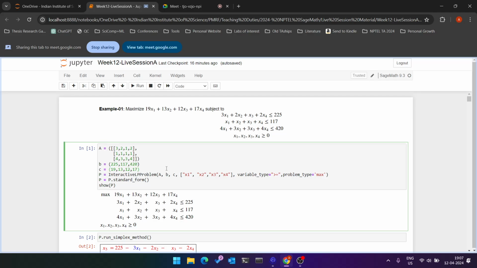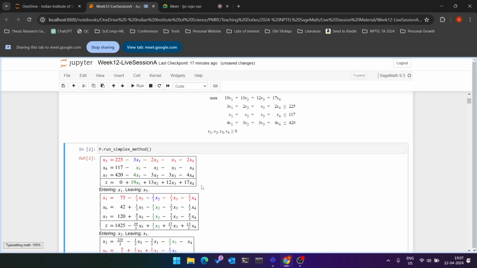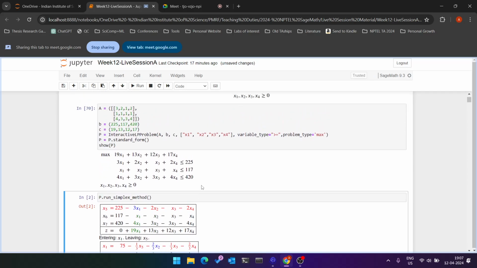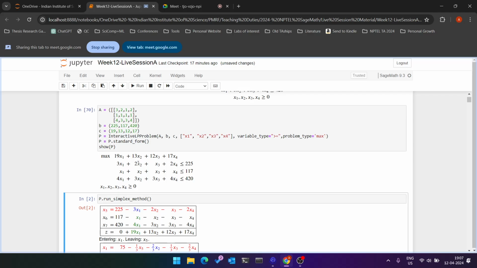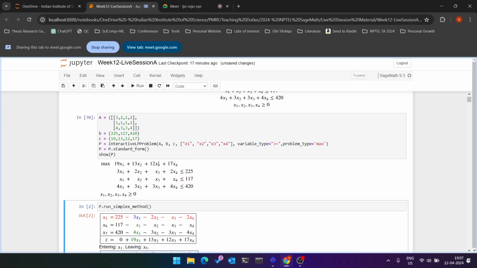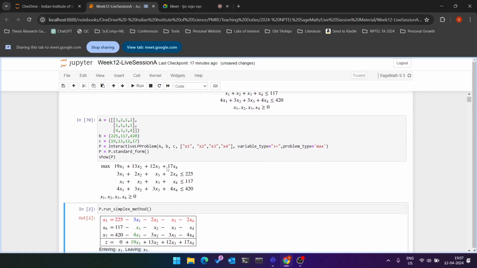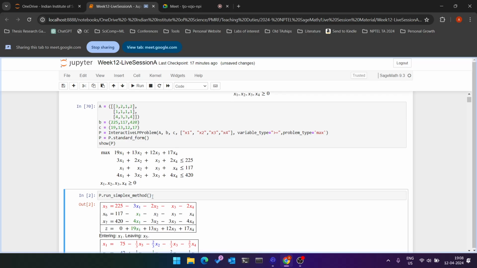Then, using the InteractiveLPProblem module, we define our problem based on maximizing the objective. If we show it in the standard form, we can see how our problem is defined. This matches with whatever we have been asked to do.